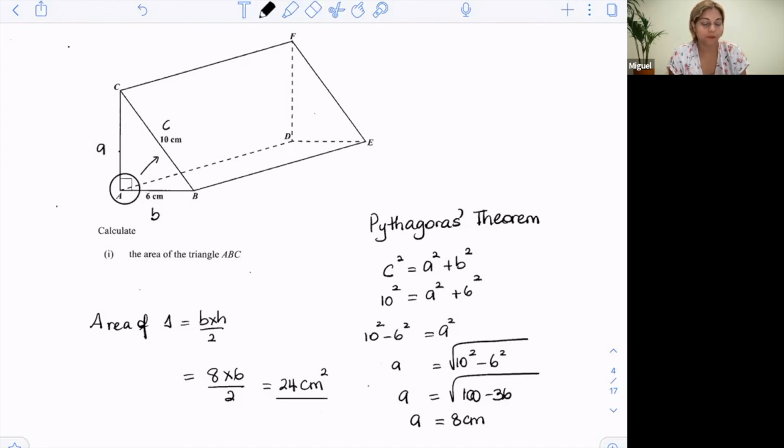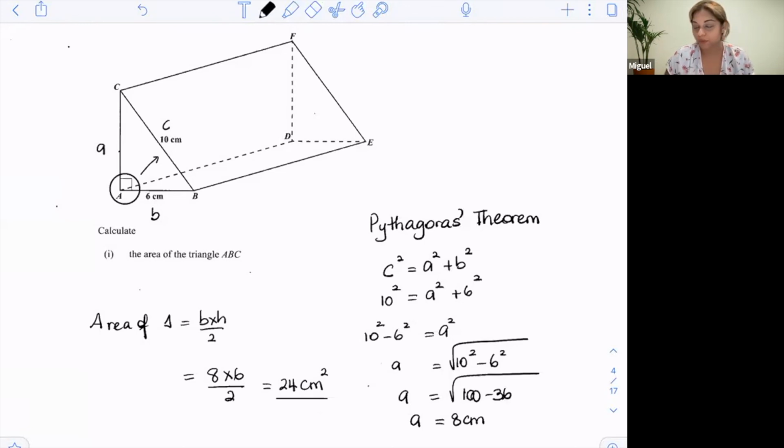So for this prism, the volume is the cross-sectional area by height. And just like a cylinder, the cross section of a cylinder is a circle. The cross section of a cuboid is a rectangle. The cross section of a triangular prism is a triangle.